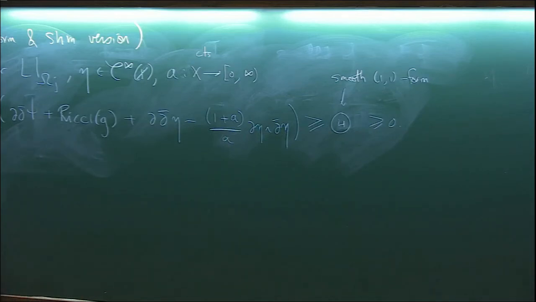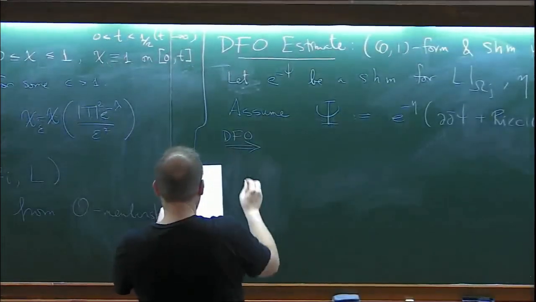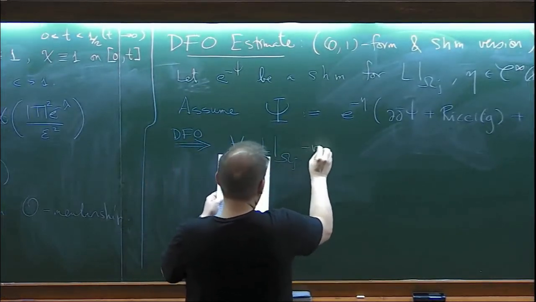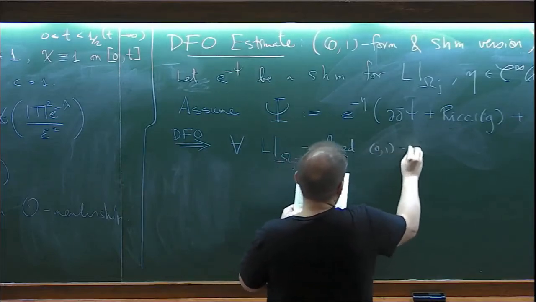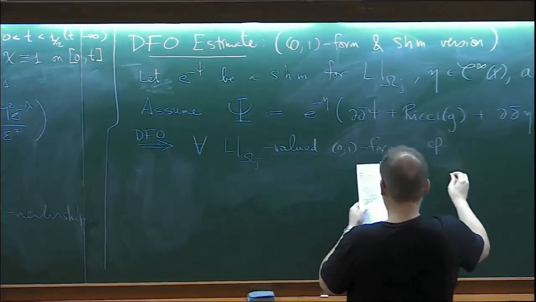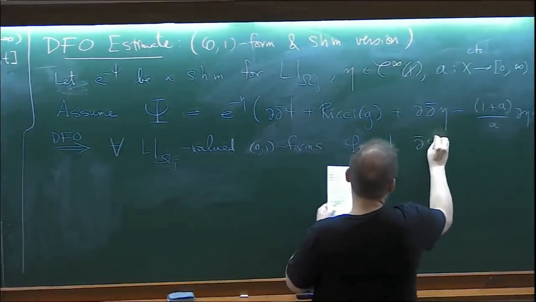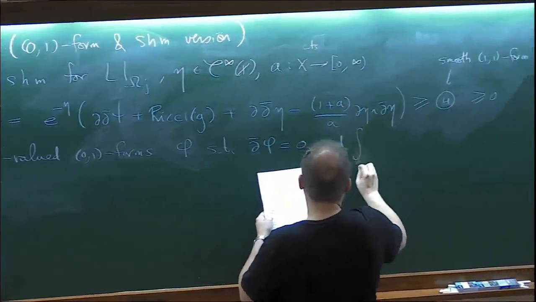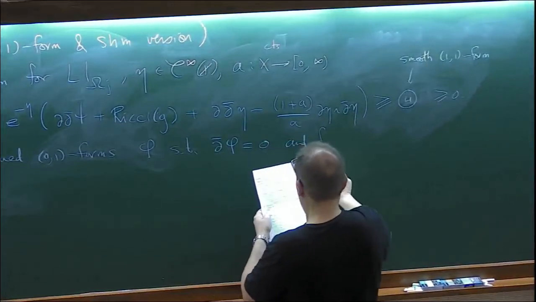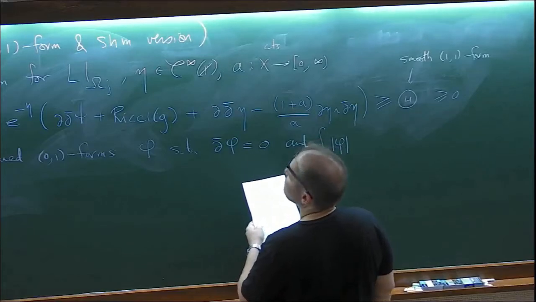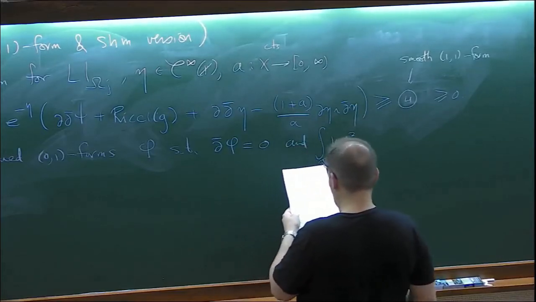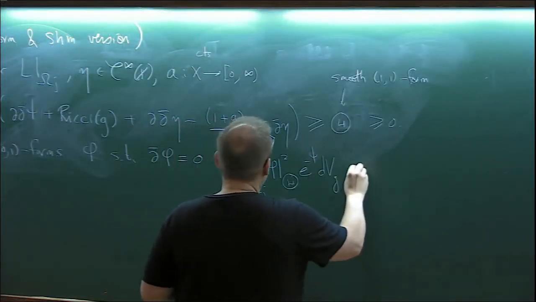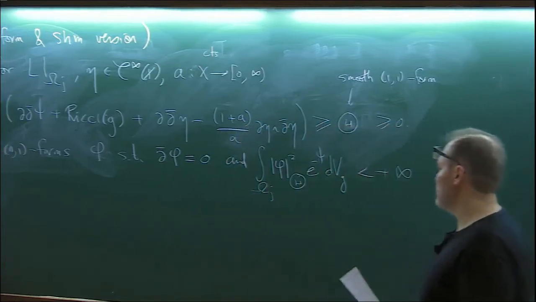Under this assumption, the conclusion of DFO is that for all L restricted to omega j valued 0,1 forms phi such that d bar of phi equals 0, and now you'll see this form theta appearing, and it has a finite L2 norm with respect to this metric theta.